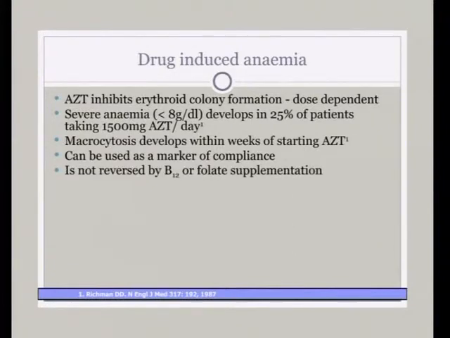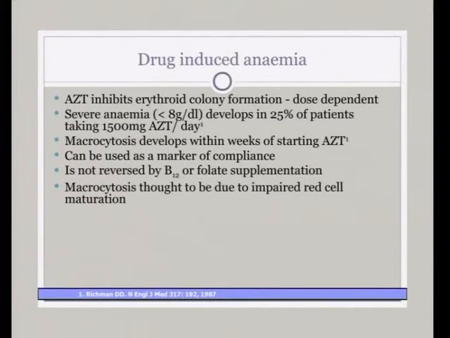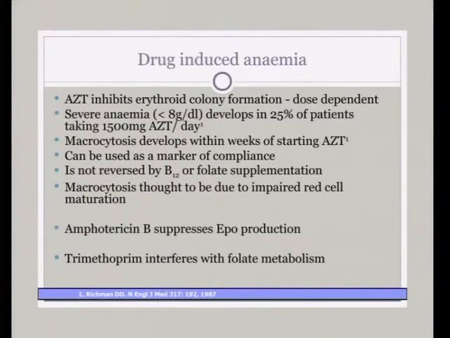We know that it's not reversed if you give vitamin B12 supplementation or folate, and the macrocytosis is thought to be actually impaired red cell maturation. Amphotericin B suppresses erythropoietin production in the kidneys, and trimethoprim interferes with folate metabolism. So in different ways, they impact on the production of red cells centrally.